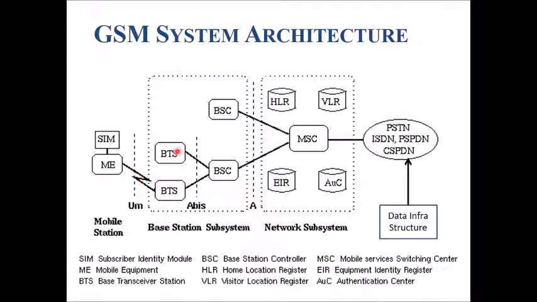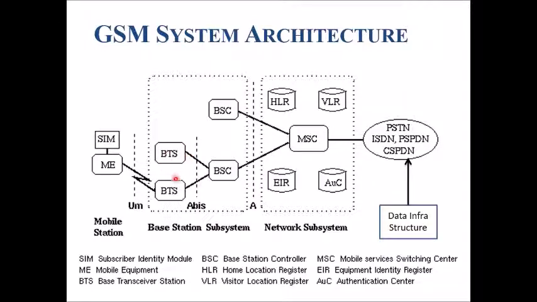There are BTS. So in the second part, base station subsystem, we have BTS and BSC. So what is BTS? BTS is basically base transceiver station. So what is its work, how it works and what it does. Basically it encodes, it multiplexes, it modulates, and it communicates with BSC and mobile station for further communication.